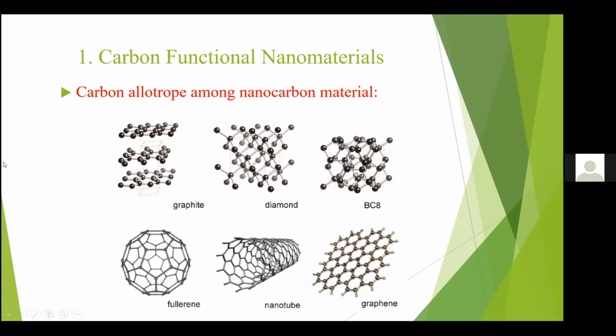For example, graphite forms a hexagon network, while diamond has a three-dimensional lattice structure, so the materials differ in property. Graphite is very soft, and diamond is very hard. It is the hardest material.